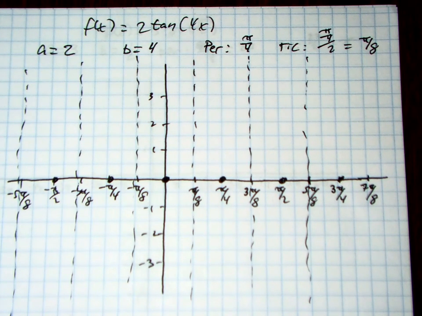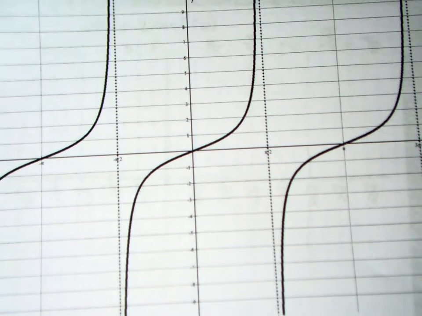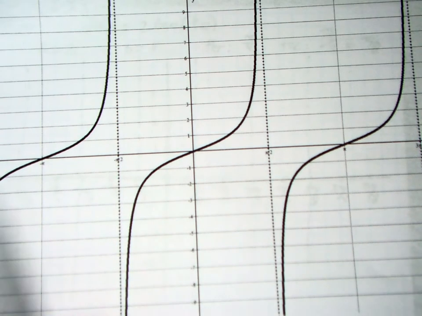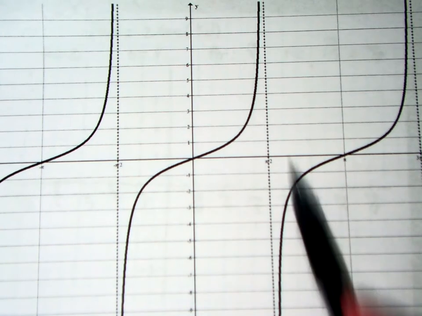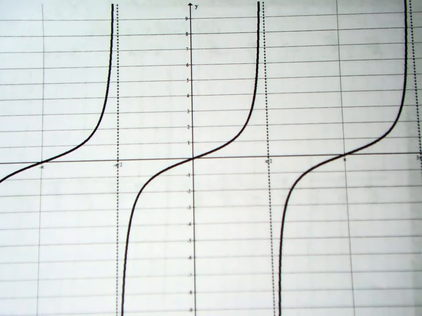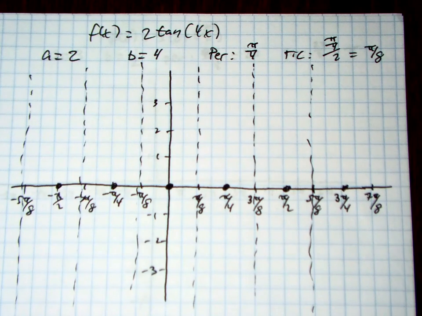All we've got to do now is see the direction that this thing goes. If you remember from the parent function, I'll bring that back up here again real fast. From the parent function, we know that from left to right in each section, it is increasing. My A value in this case is positive, so it's not going to be anything different.